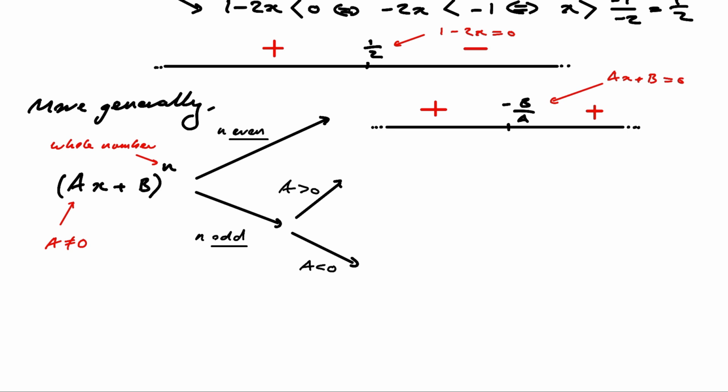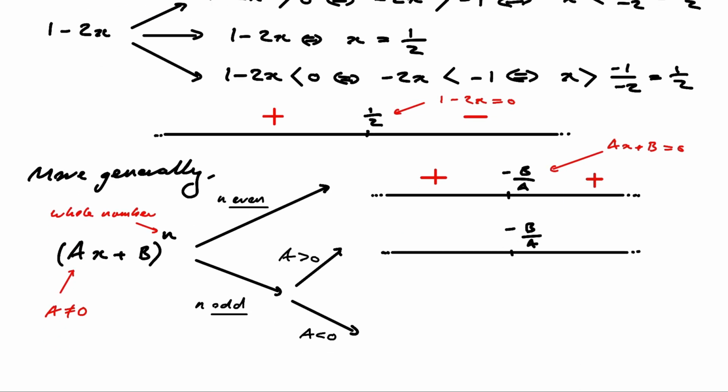And what about down below? Well, exactly as I said a moment ago, if you have an odd power, then the sign of the odd power is the sign of the base. It's the sign of ax plus b. So really all we're doing is worrying about the sign of ax plus b here. So again, same story. You've got minus b over a. That's the 0 position. And now what? Well, if a is positive, you essentially fall into the first camp.